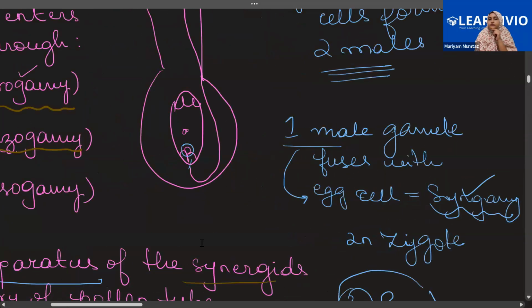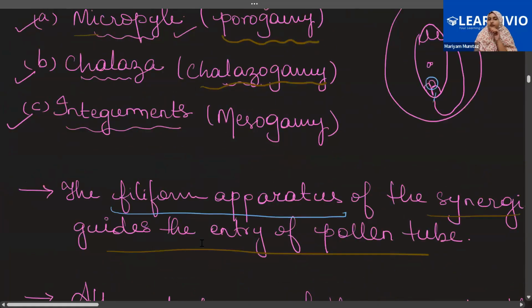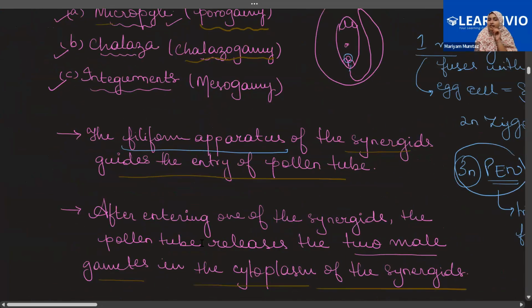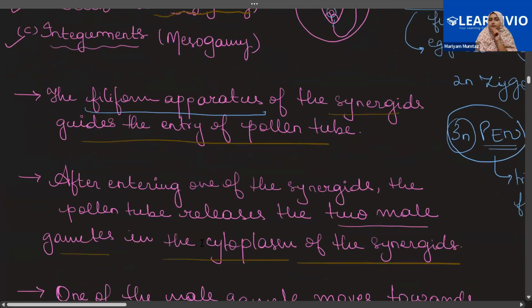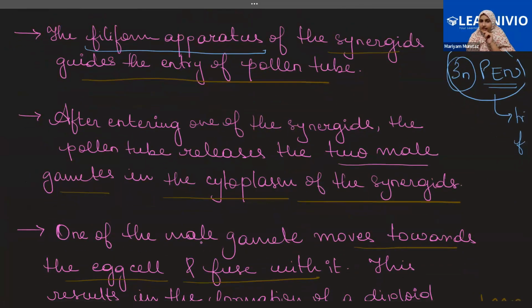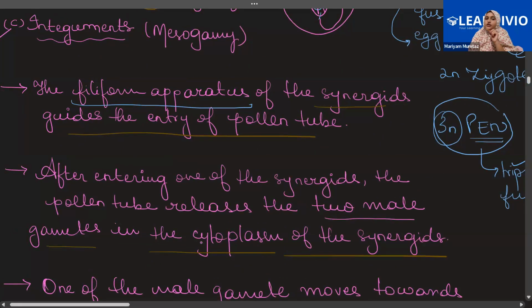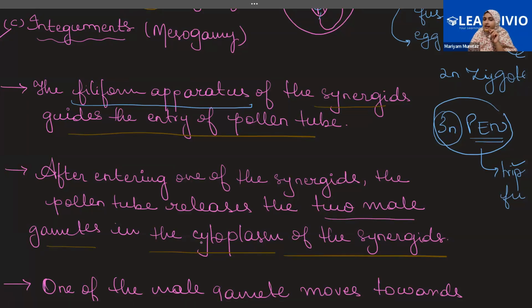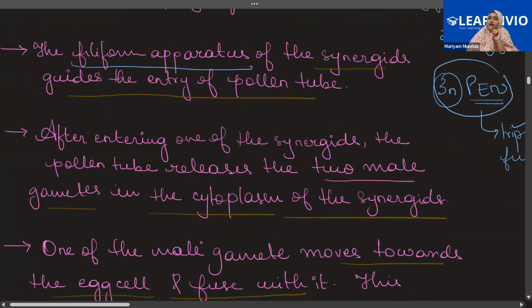So the filiform apparatus is there to guide the entry of the pollen tube. After entering one synergid, the pollen tube releases the two male gametes in the cytoplasm of the synergid.